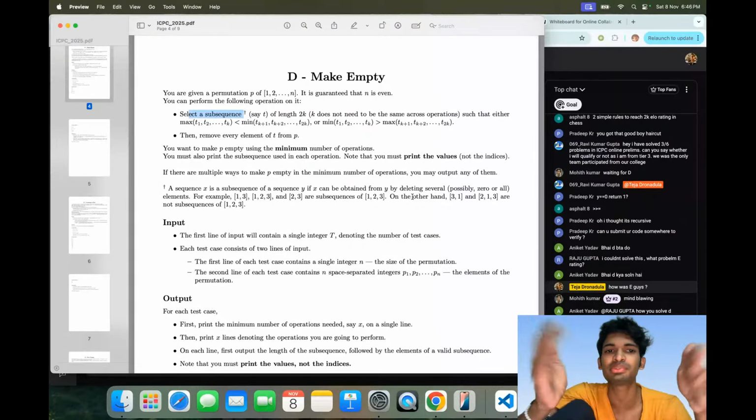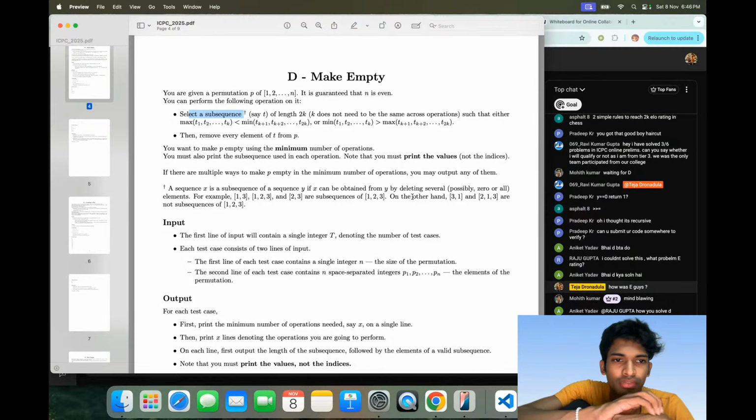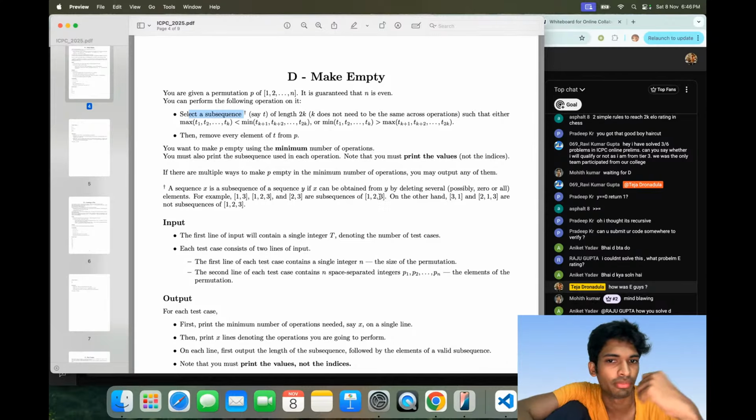Why didn't they say subsequence of P? Let me try, but don't spoil the problem for me, okay? K need not be the same across operations. It seems you must also print the subsequences used in the minimum number of operations. Okay, it's a good problem again.